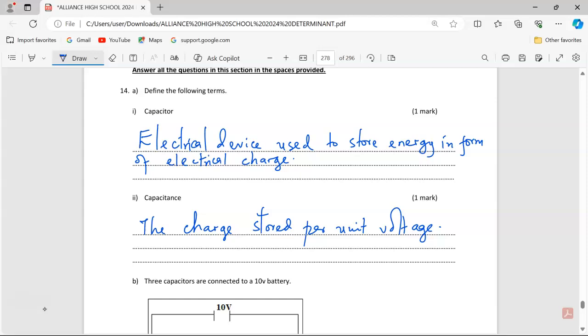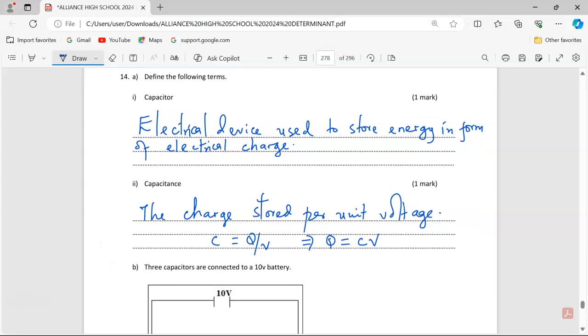So that's why we say capacitance is usually given by charge over V. From this formula, Q, charge, is equal to CV. So that is the definition of the two terms.